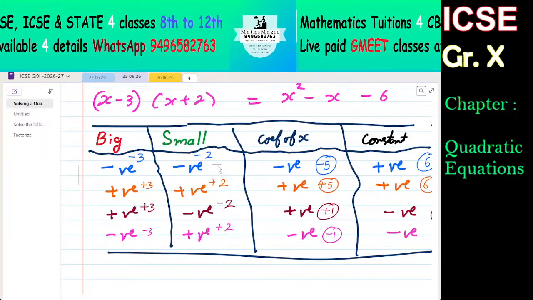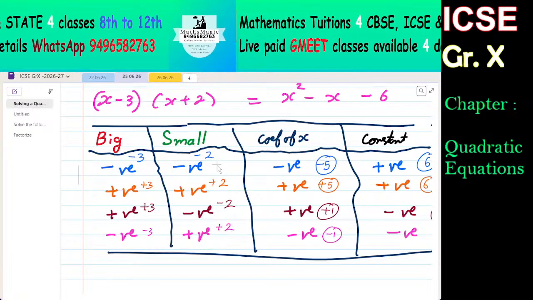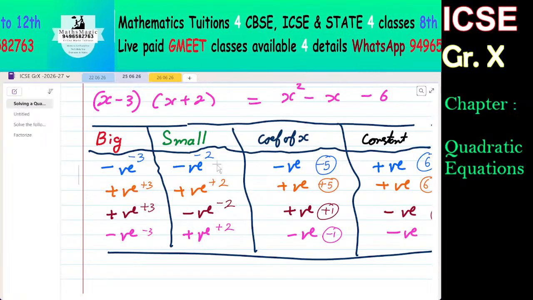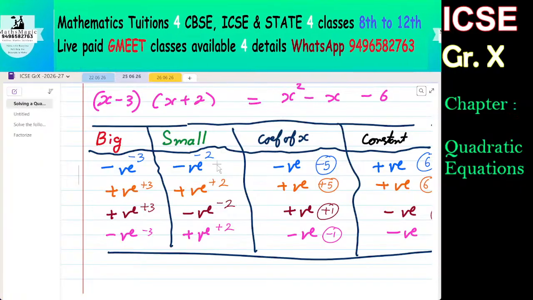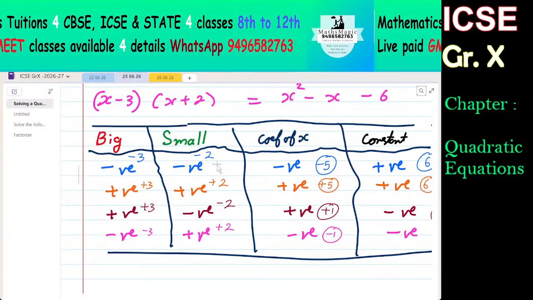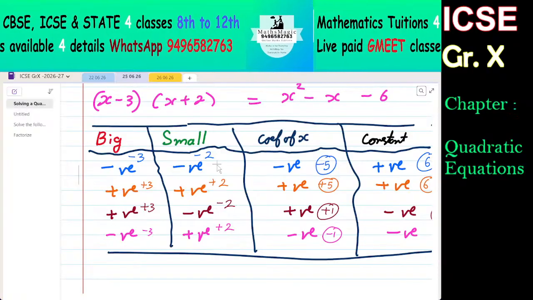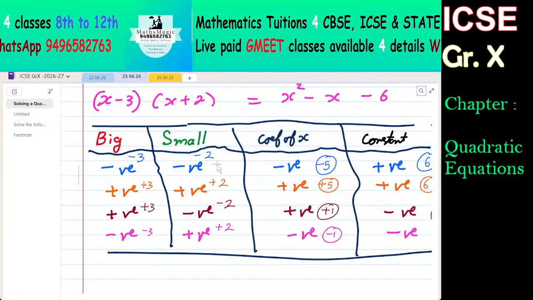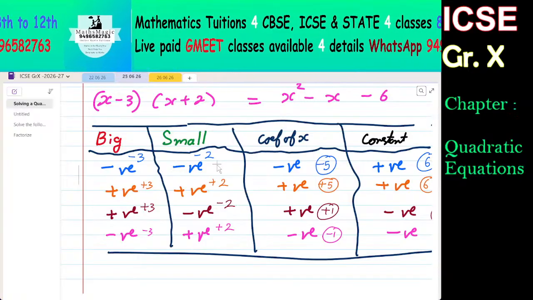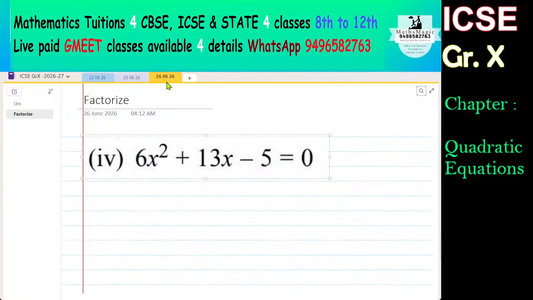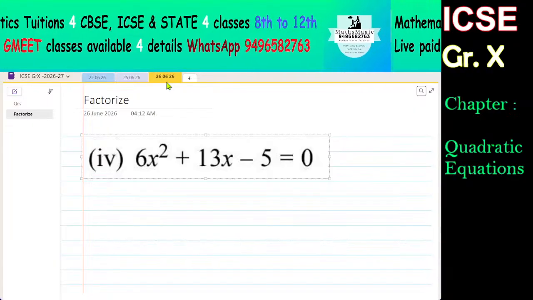And in the next two cases, the product will be negative. If the product is negative, we will be having two choices: product negative and sum negative means the big number is negative. Product negative and the sum positive means big number positive. So we will be solving this question also in the same pattern.